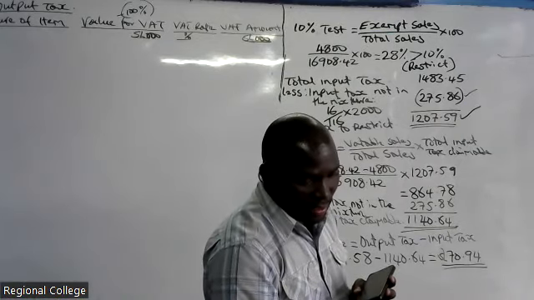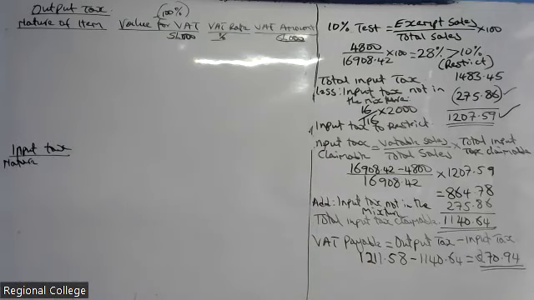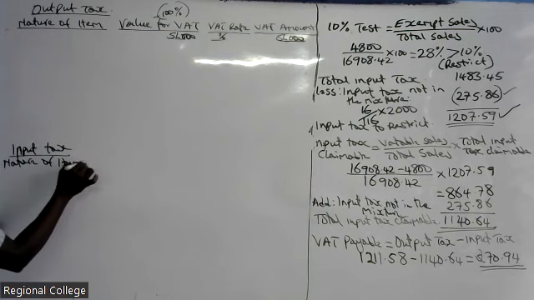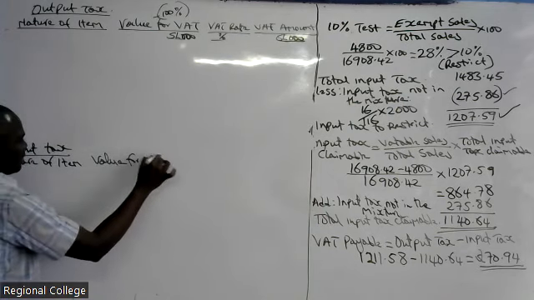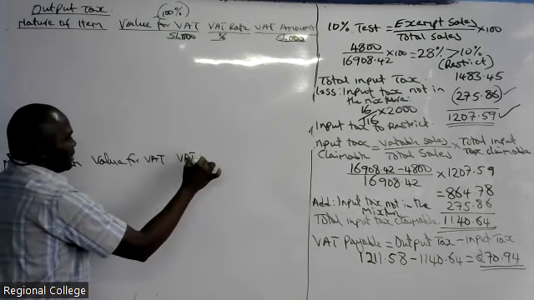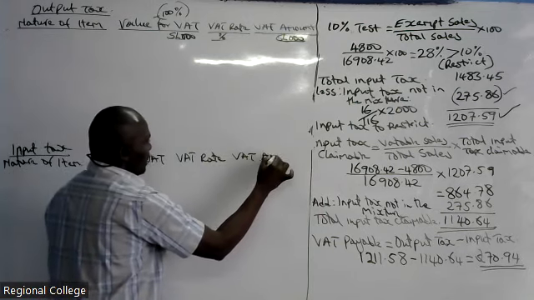So you can check it out. So you have the output tax, the input tax, nature of item, value for VAT, VAT rate, and VAT amount.